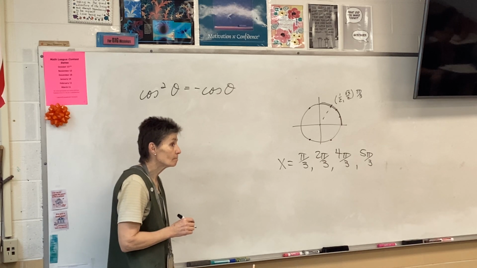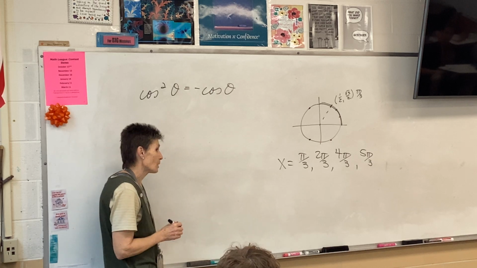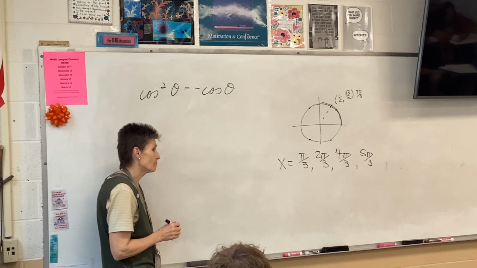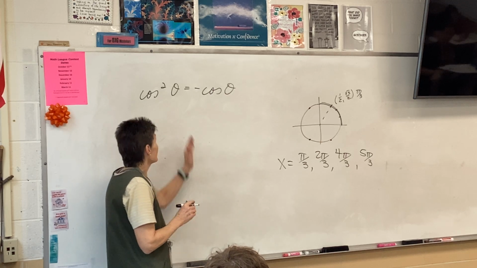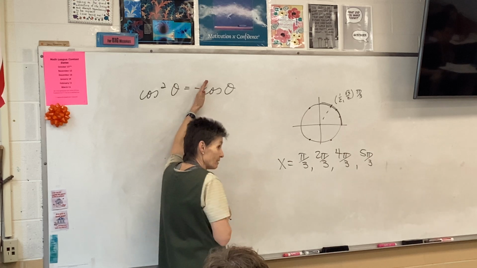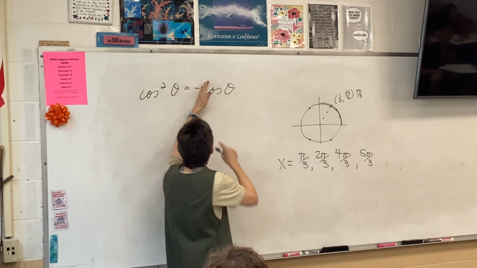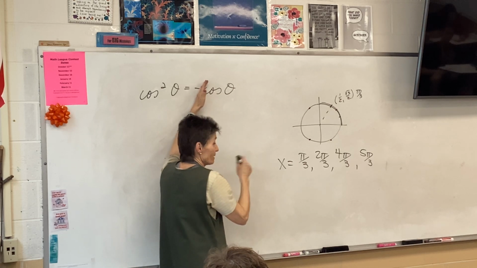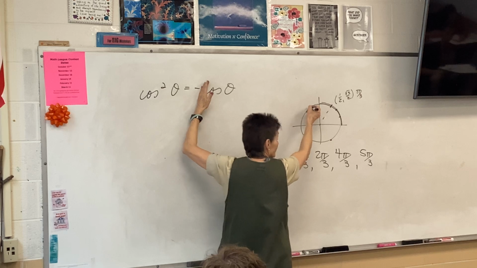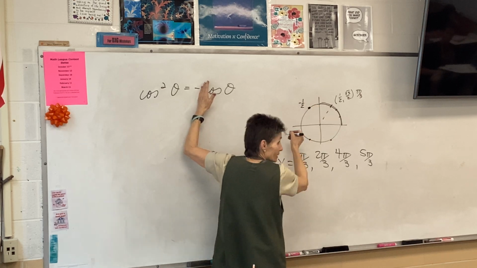Isn't that no solution? So when you square something, okay, but can cosine be negative? Yeah, but not when you square it. That same side is going to be positive. But if cosine is negative, let's say your angle is right here, then the cosine would be negative 1/2.